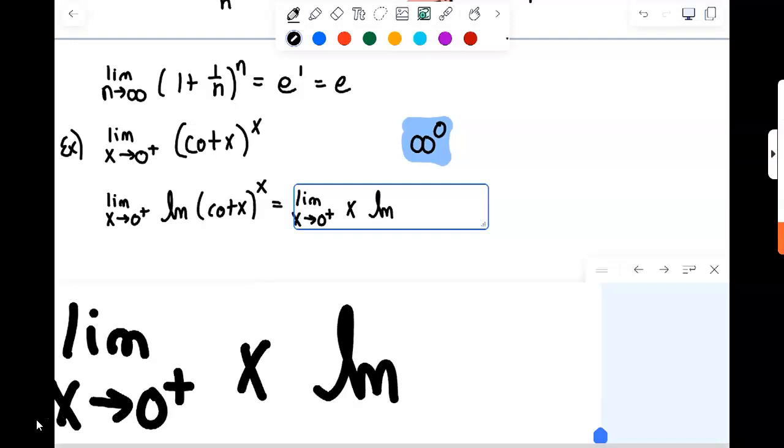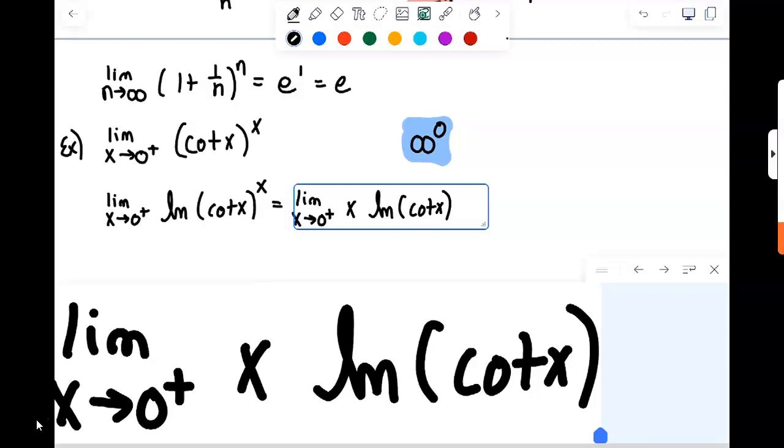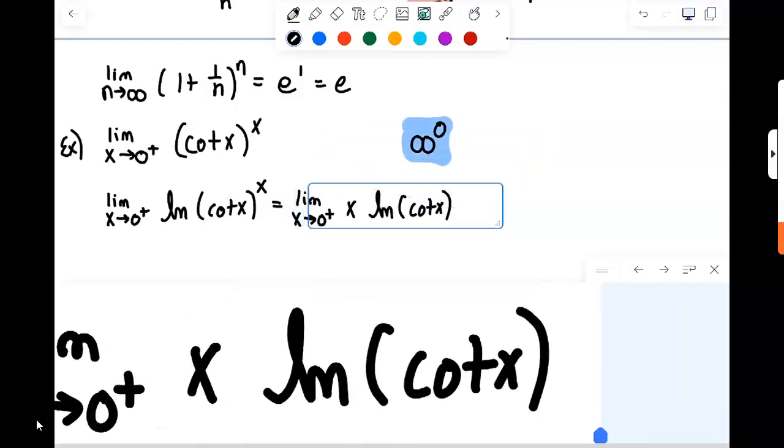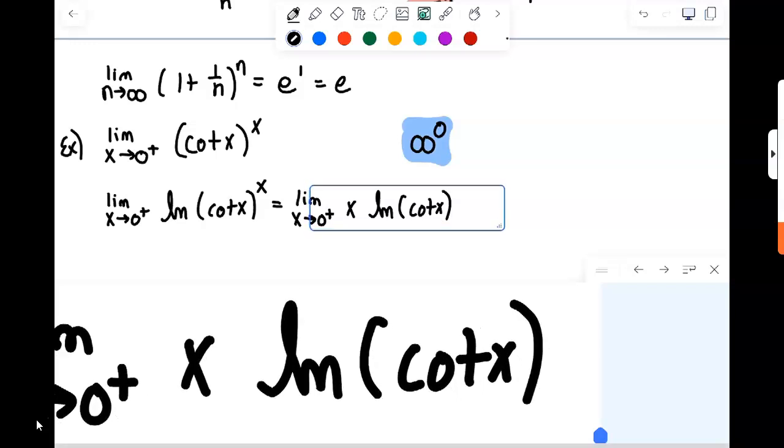So x times the ln of the cotangent of x. And that transforms our problem now from an infinity to the 0 to now a 0 times infinity limit, because x goes to 0.